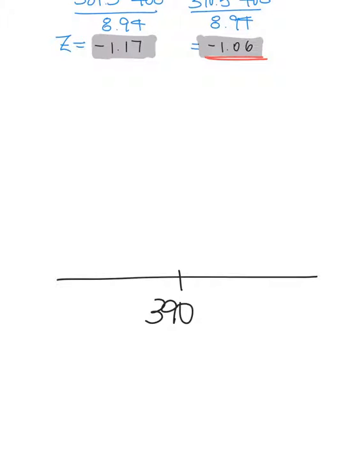Basically, in the binomial model, binomial distribution was the discrete type.